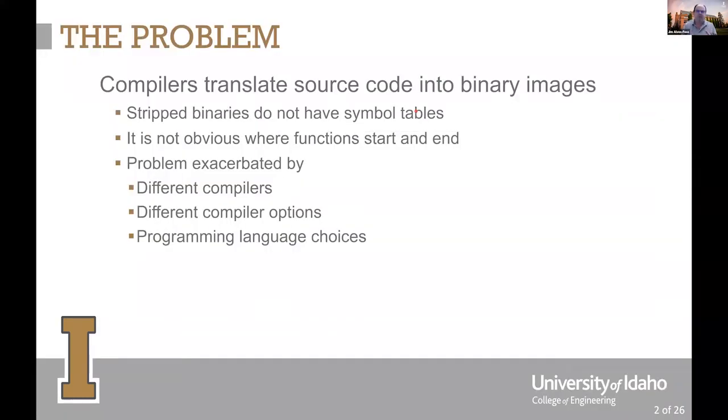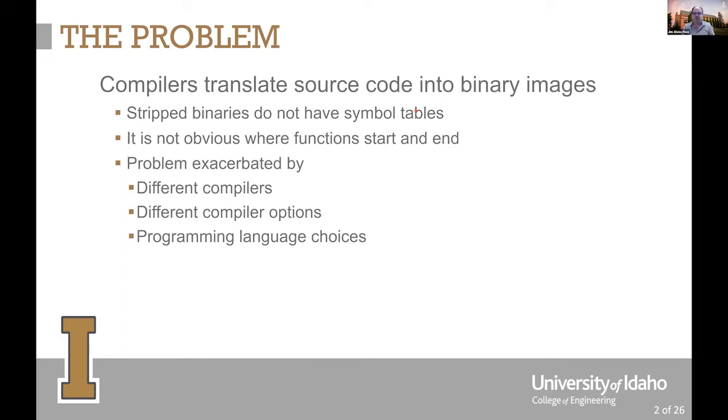So the problem we're facing here is that compilers translate source code into binary images, executable code. A stripped binary does not have a symbol table, so it doesn't have information to help the analyst figure out what portions of the code belong to which function. It's not obvious where a function starts or where functions end.